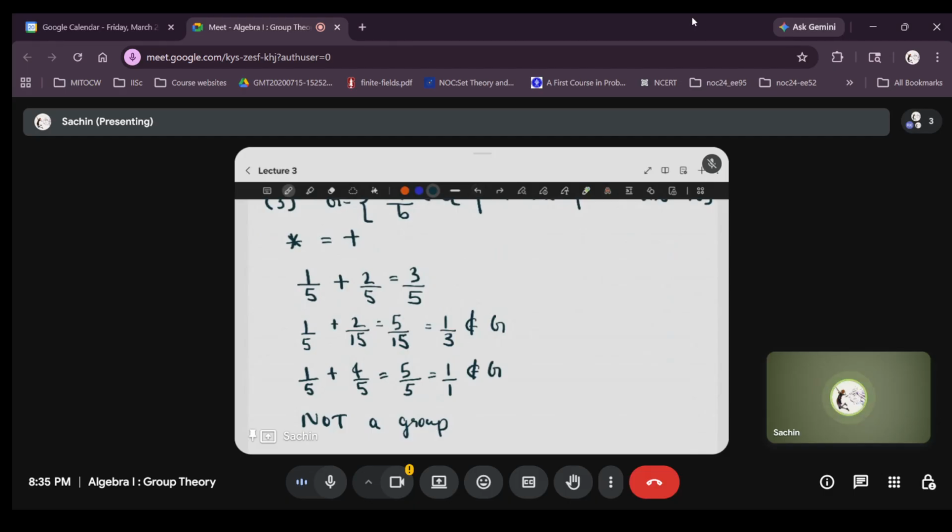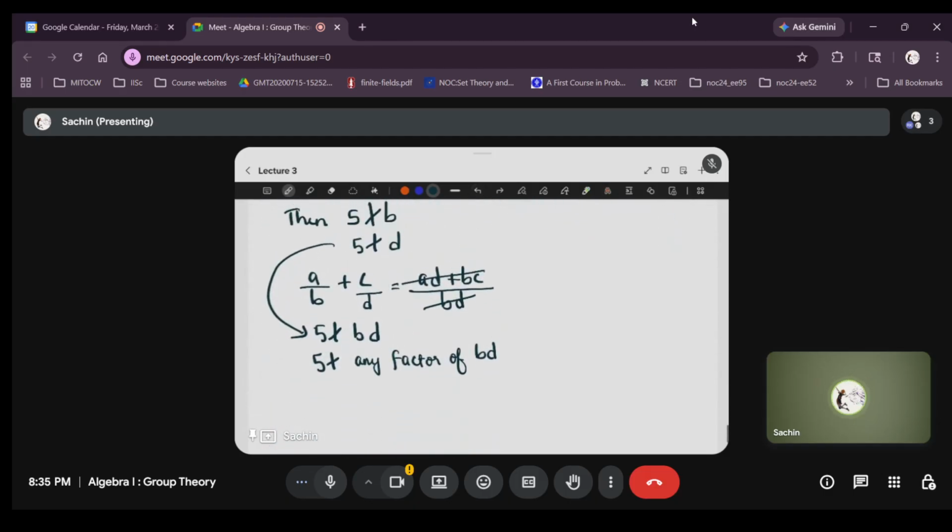But even if that happens, 5 still won't divide the denominator. So if 5 does not divide a number, it can't divide any factor of that number. So this is closed.